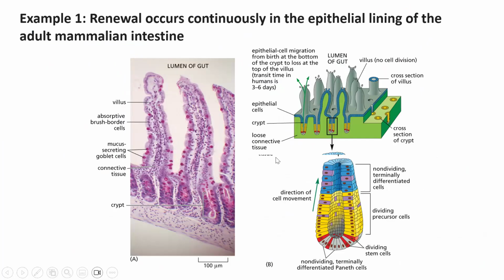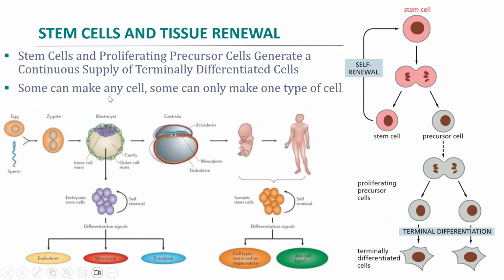So again, once we get to this point where some cells can make any cell type and some can only make some cell types. When we are talking about our embryonic stem cells, or a version of potentially somatic stem cells, we are talking about the fact that these guys can make anything. My precursor cells are making what is going to become one specific cell type.